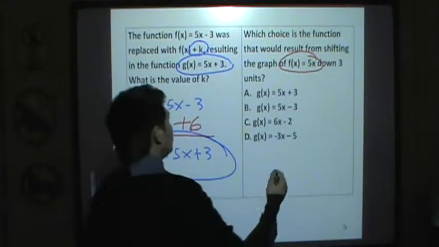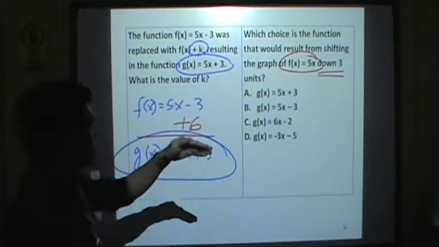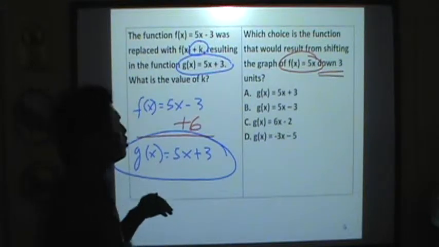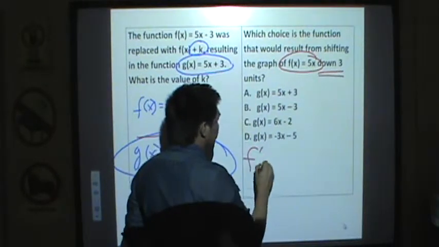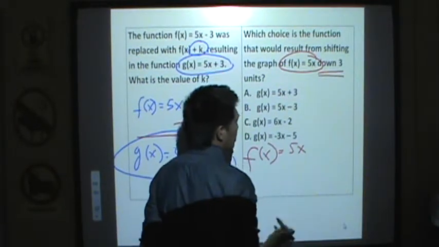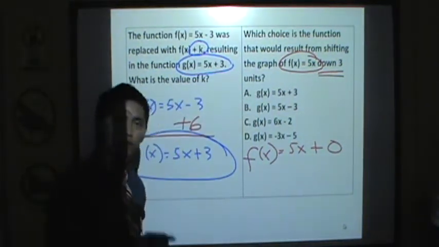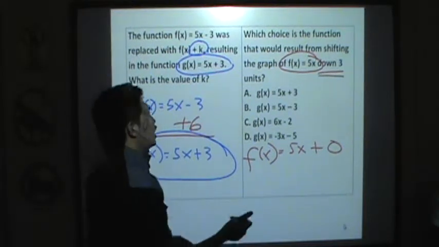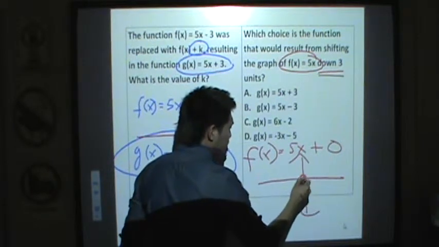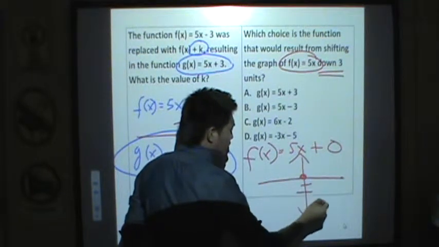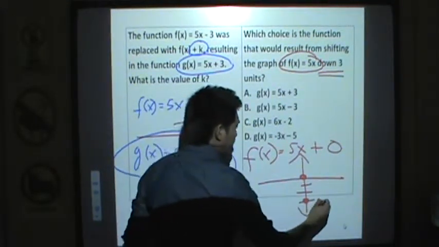Now, if you want to move your graph 3 units down, that means you have to add something, because for the function 5x, the y-intercept is actually equal to 0. You can verify that using your graph. If you're moving it 1, 2, 3 units down from 0 on the y-axis, your new y-intercept is going to be -3.